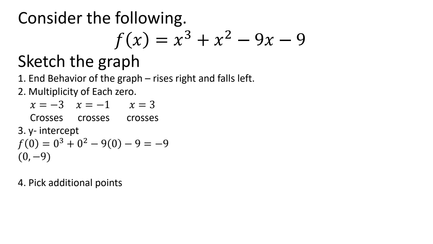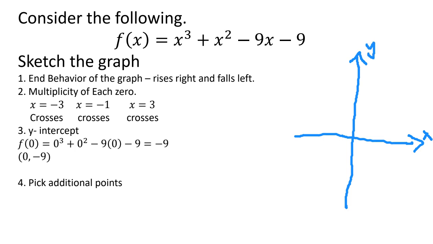Okay, so this is my x-axis. This is my y-axis. Here, I know that it's going to cross the x-axis at -3. 1, 2, 3. So this is -3. Let me use a different color so I can point it out.